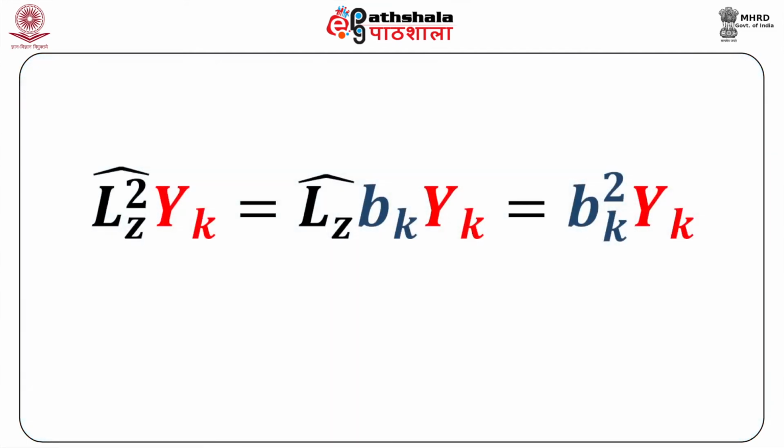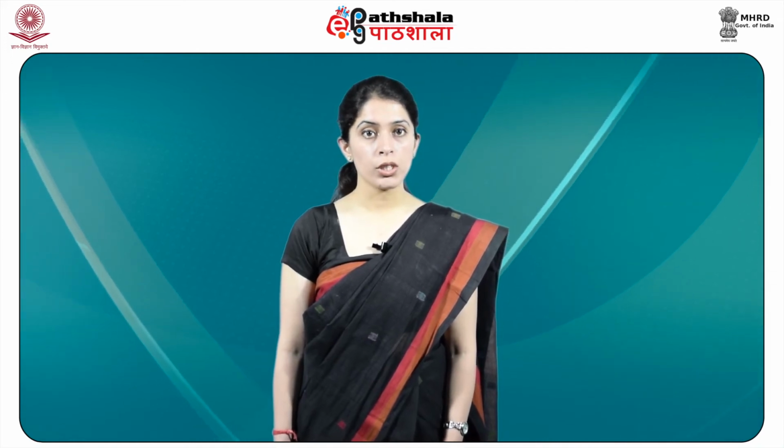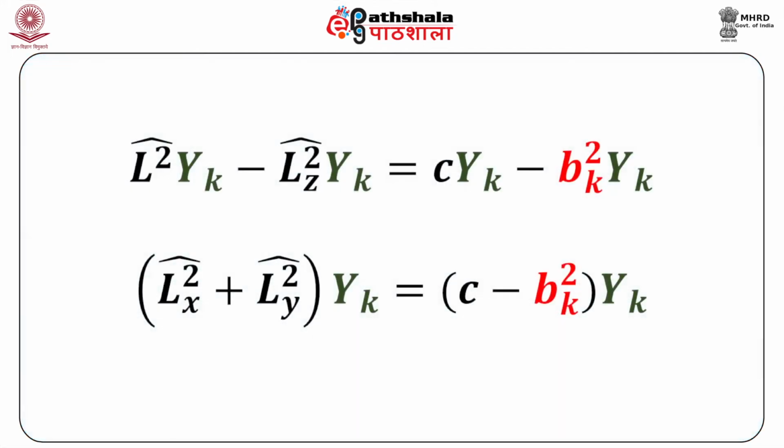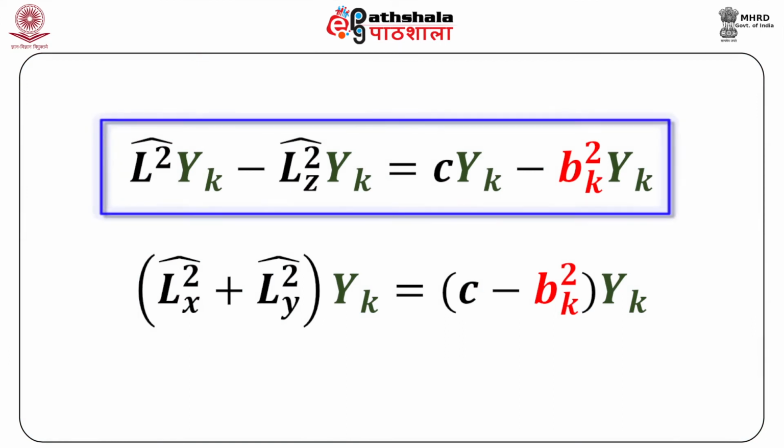Now, operating on the eigenvalue equation of the Lz component with Lz, we have Lz square ψk equals Lz bk ψk, which becomes equal to bk square ψk. Now, subtracting this equation from the eigenvalue equation of total angular momentum, we have the expression L square ψk minus Lz square ψk equals cψk minus bk square ψk.